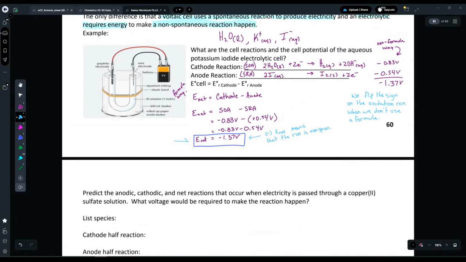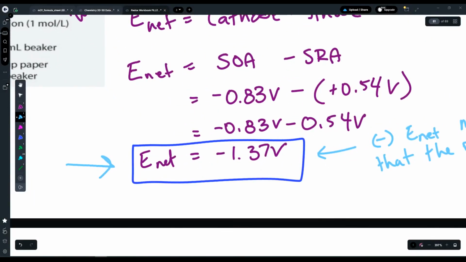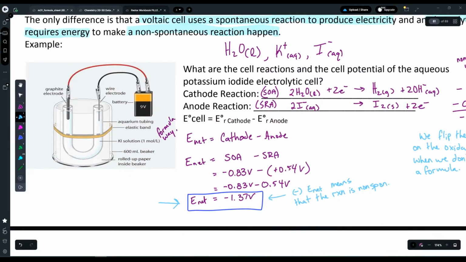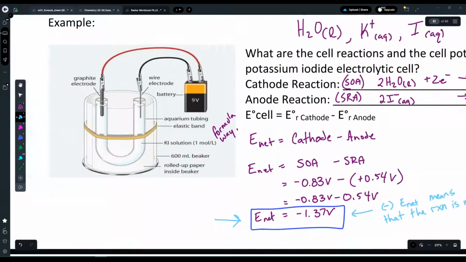This is telling us that for this previous question, in order to force this reaction to happen, we would need 1.37 volts supplied to each anode and cathode from this battery in order to force the reaction to happen.